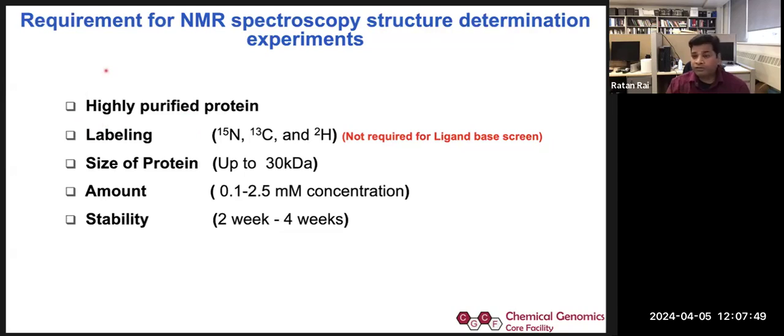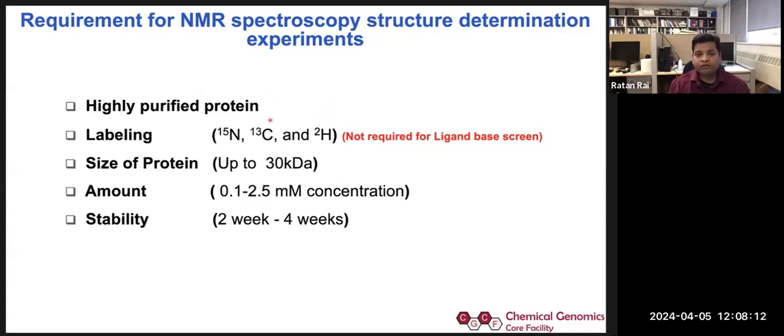If you're looking to solve the structure of a protein, then another requirement is that you are able to label those proteins. We require a minimum of 15N and 13C labeling so that we can solve the structure of a protein. And if your protein size is big, then we require additional deuterium labeling also.